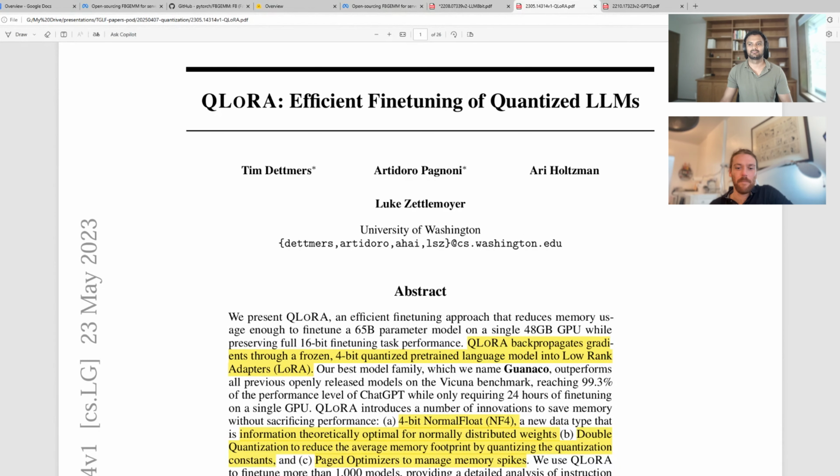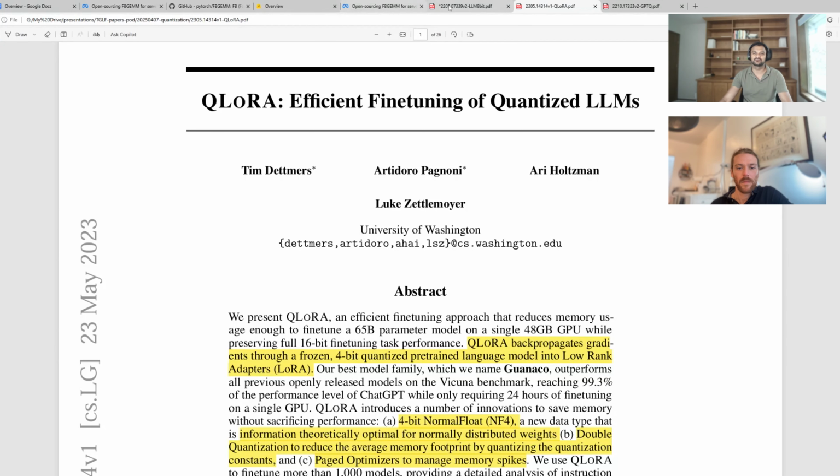But of course, QLoRA could be combined with GPTQ. So you have a good quantized base model, and then just use LoRA to recover any loss of fidelity that you had. So for me, this is a natural progression.